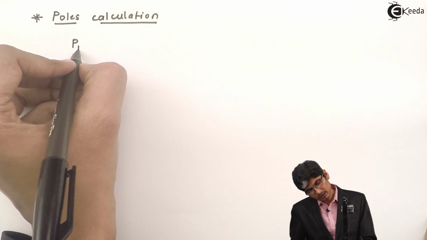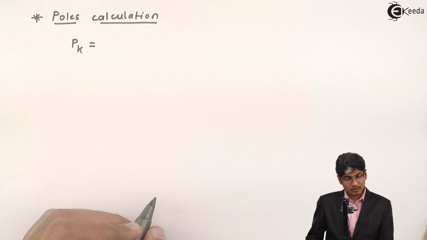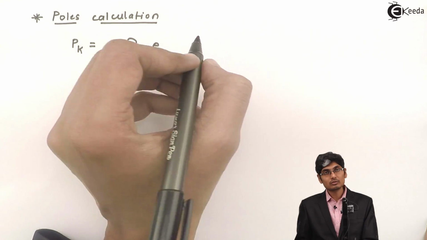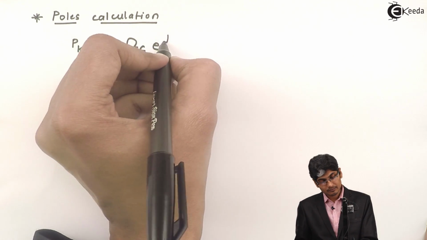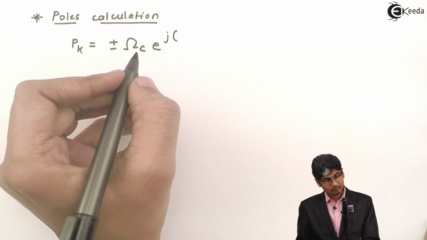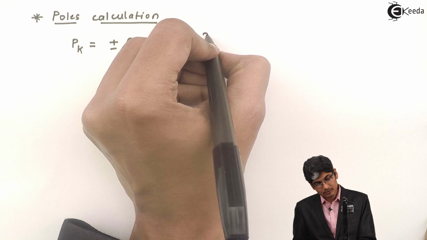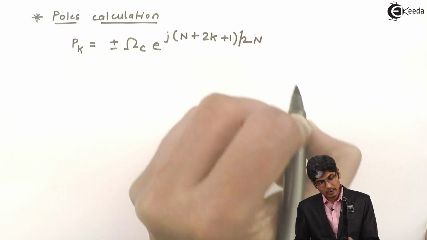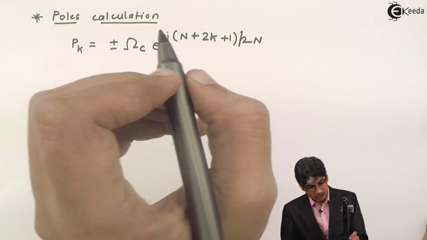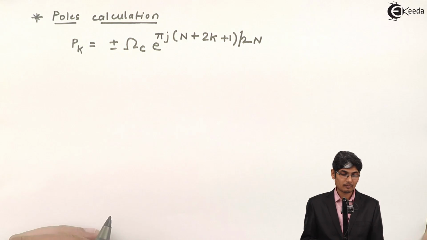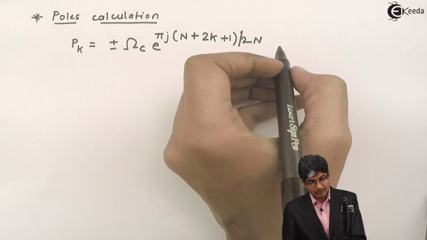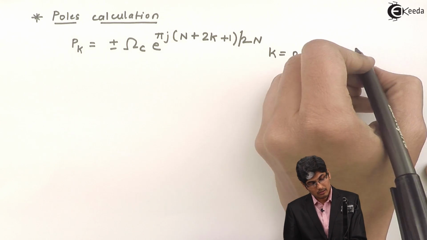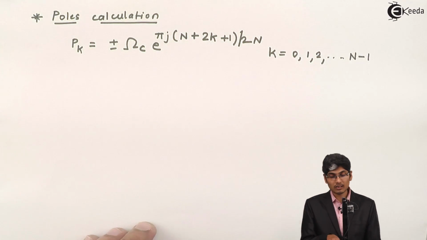So the poles in the Butterworth filter are given as p_k, which is equal to plus and minus omega c e raised to j, with a pi over here, (n + 2k + 1) by 2n, and here k goes as 0, 1, 2 and so on till n minus 1, because I started with 0.